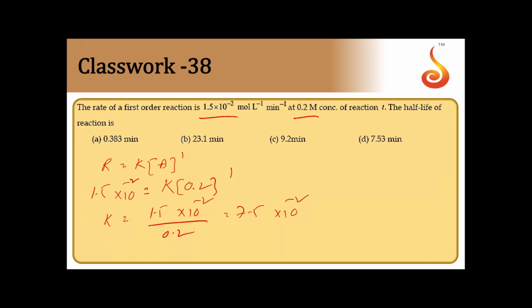Now we require half-life. So half-life is equal to 0.693 by K, which is equal to 0.693 by 7.5 into 10 to the power of minus 2, which on simplification, finally we get as 9.2. So answer is 9.2. That is C is the answer.